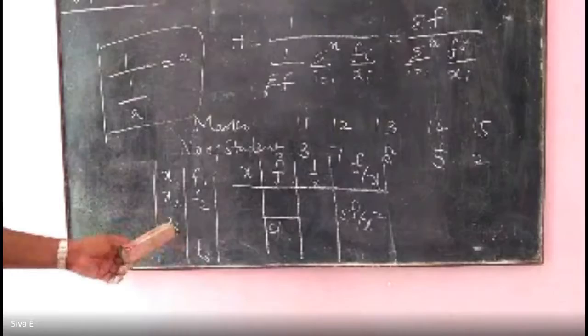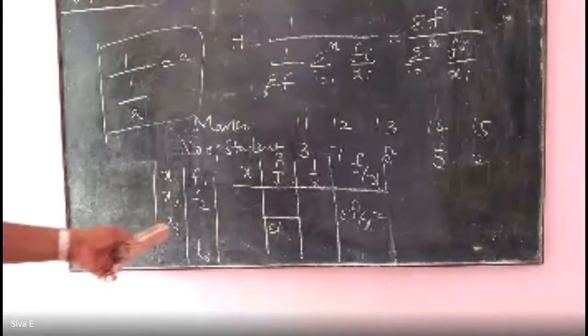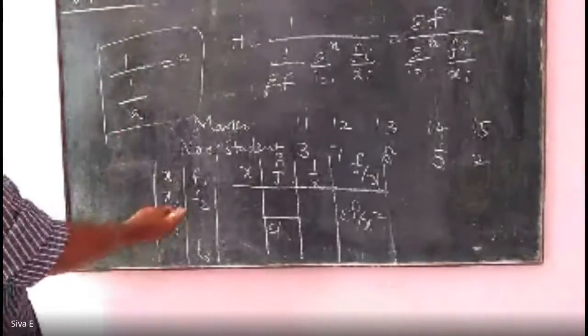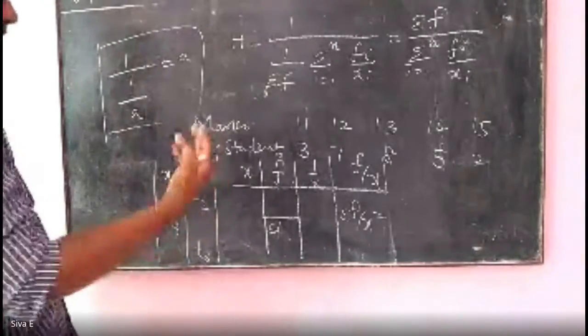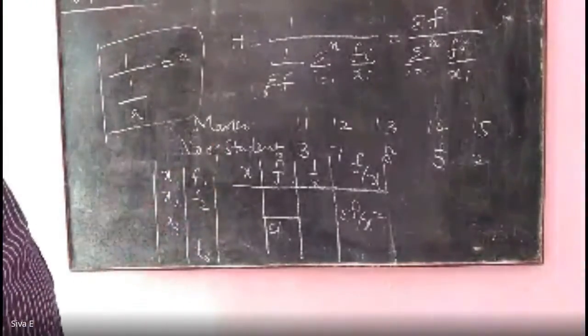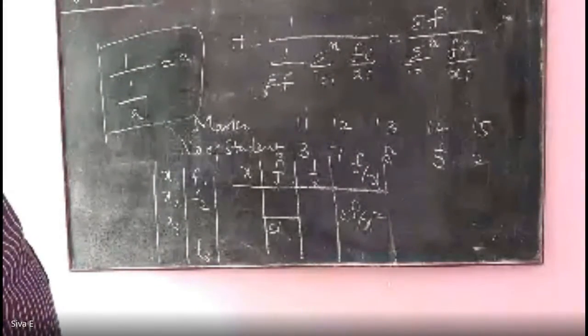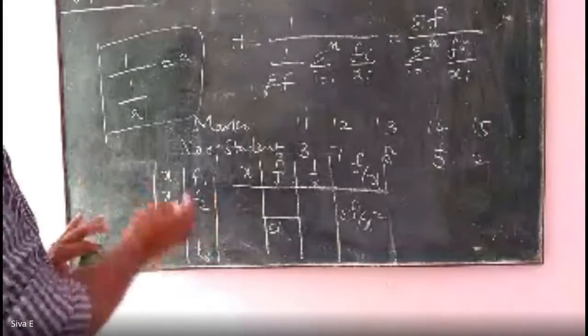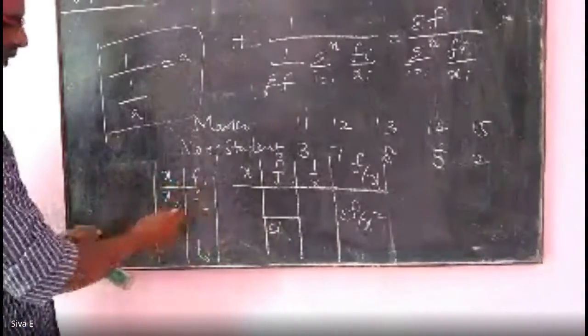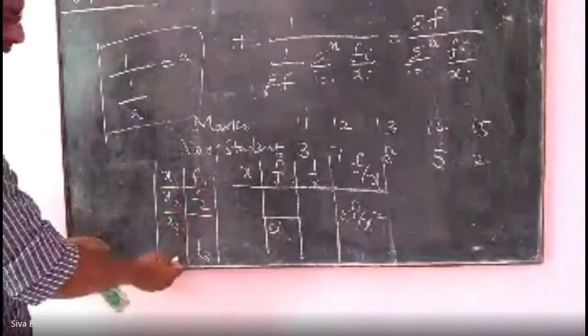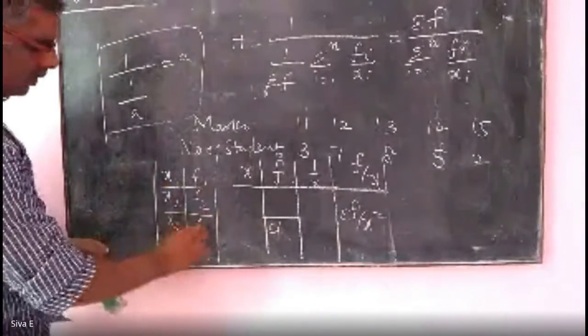If you are not able to write in order, you may multiply x3 with f2 or x3 with f4, and you will not get the answer properly. So when writing, give a clear gap between one and the next. Then only you will get the correct data.